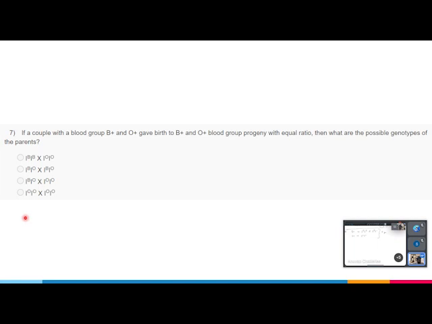The first one is that we cross IB-IB with IO-IO.